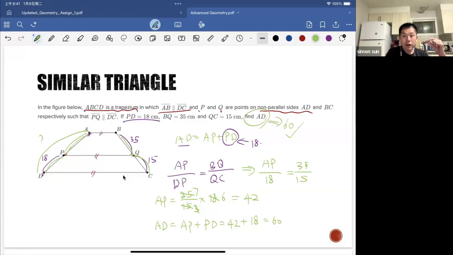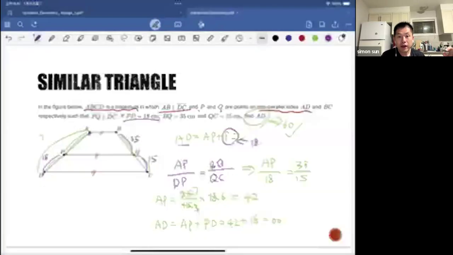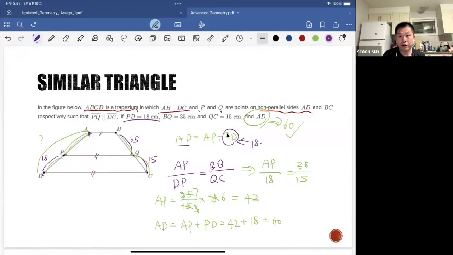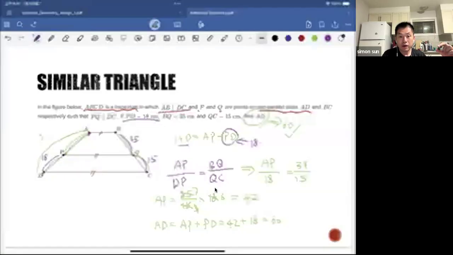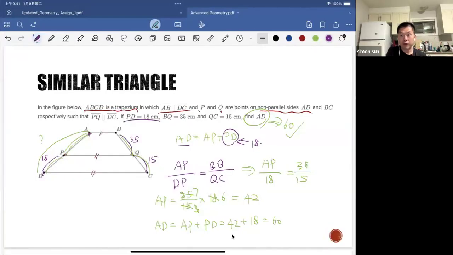But the question might be: you just said you can do this in triangles, but ABCD is not a triangle. This is a trapezoid, a quadrilateral. How can you still use this?